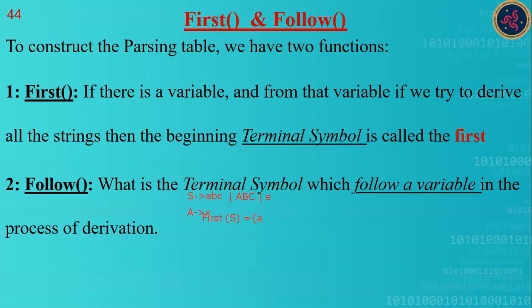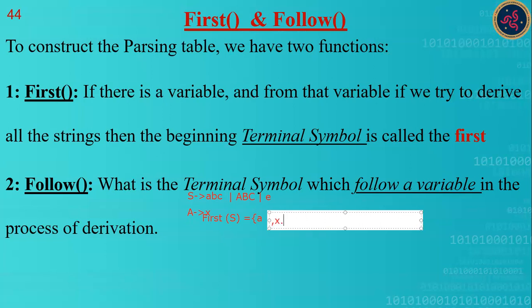So what will be the first of A? The first of capital A will be x, right? That can also be included in the first of S, because the non-terminal A is also at the start of the production. So we can add x to the first of S.